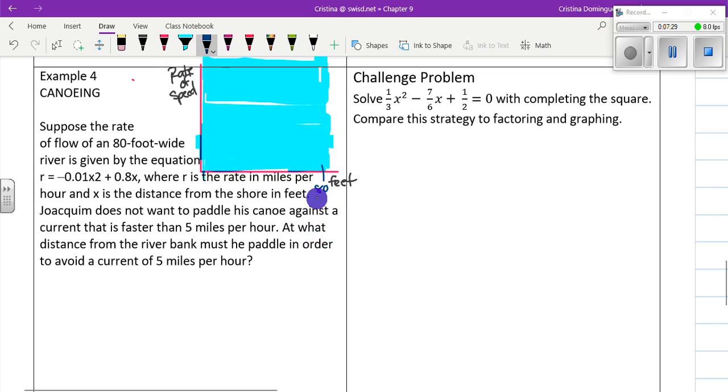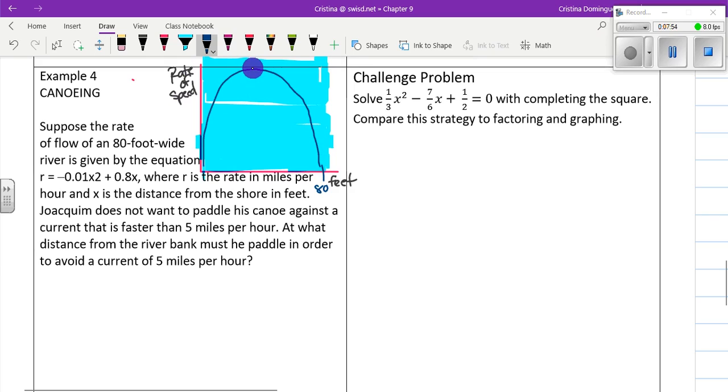Now, here's the deal: it says it's negative up front. Okay, that's a typo. That should be an exponent of 2. And so we're looking at something like this. Keep in mind that right here, that's pretty fast.